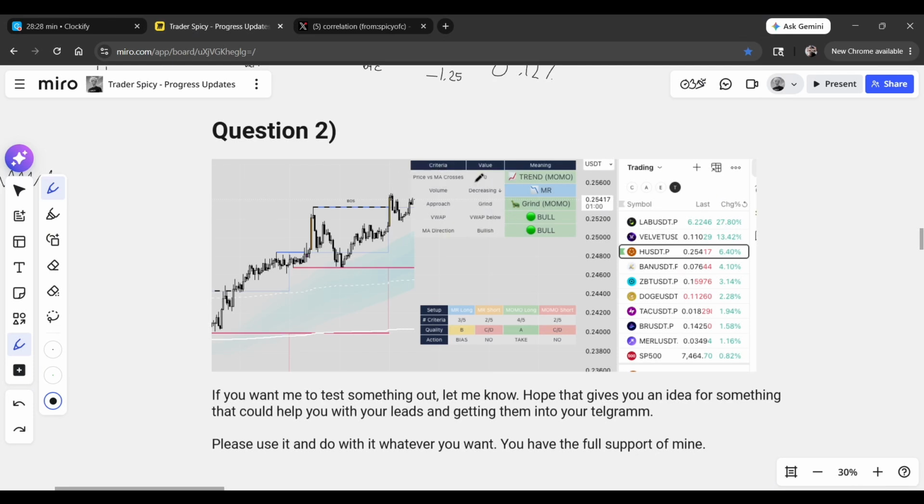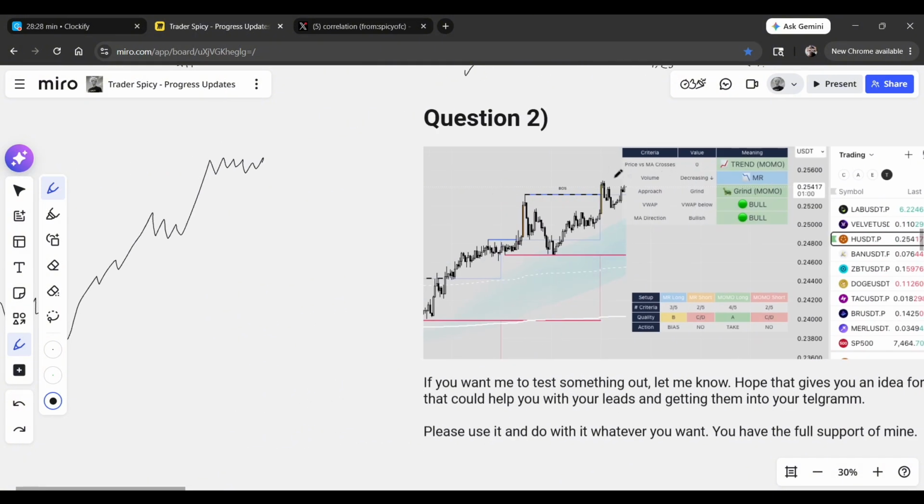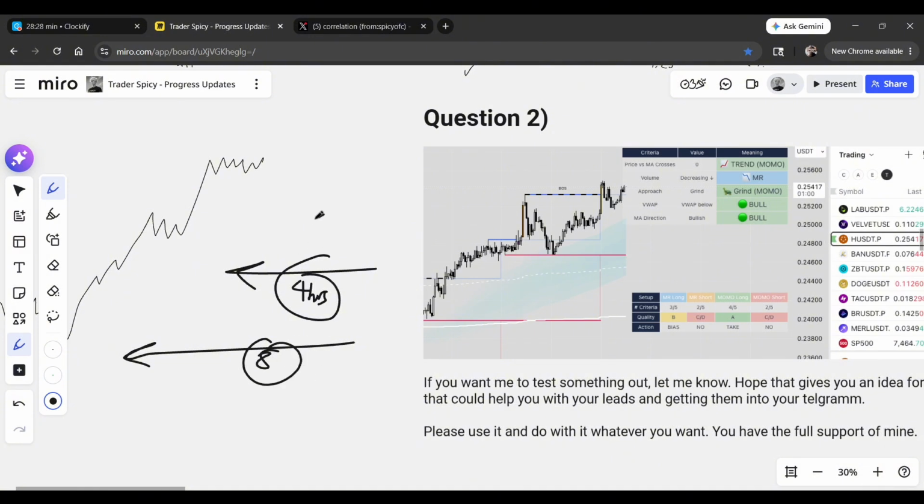But for how many times price has crossed through the moving averages, I think it would be better to have it written somewhere: is it looking back the previous 4 hours? Is it looking back the previous 8? Or is it the previous n bars, right?